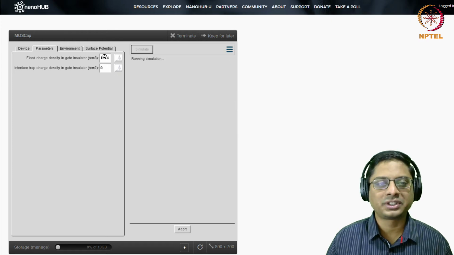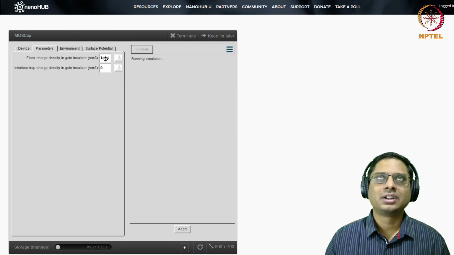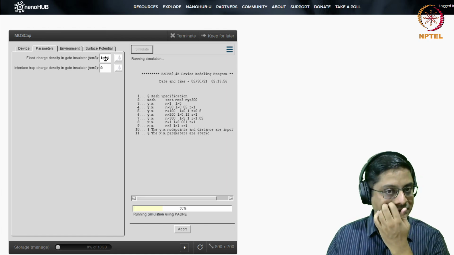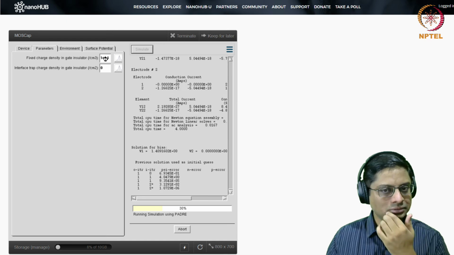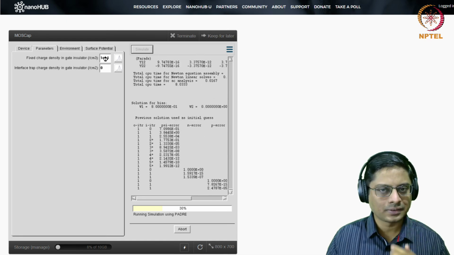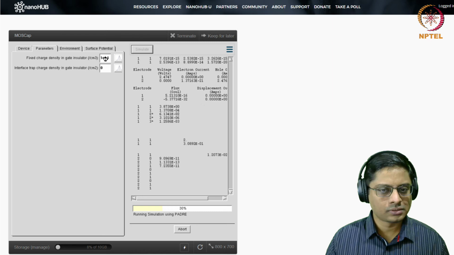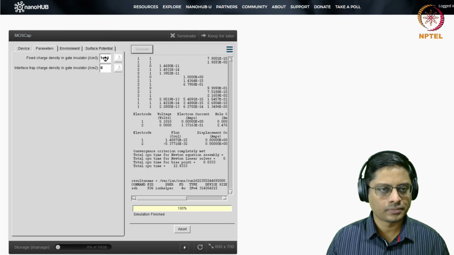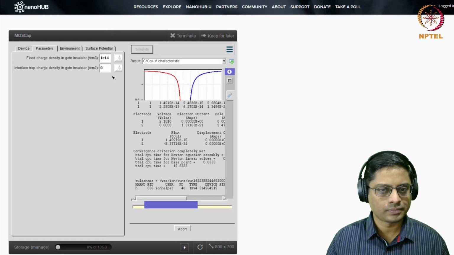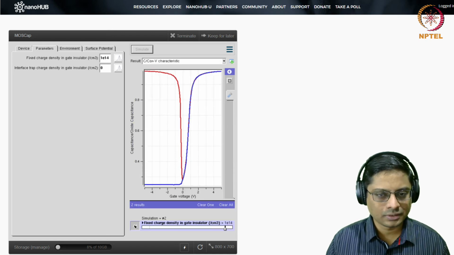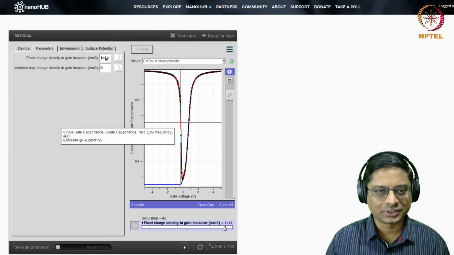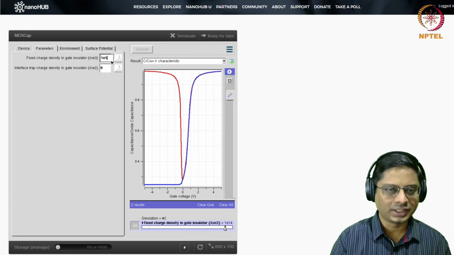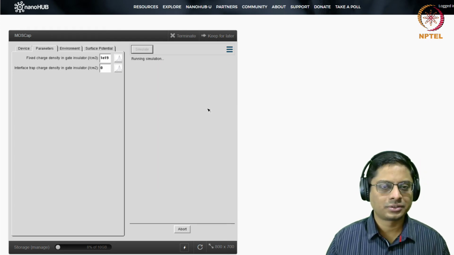If you have this much positive fixed oxide charge in a PMOS, you will expect the VT to be shifted to more negative values. Well, it's a very small effect because this is still not a lot of charge. So you have to have a larger volume of charge.